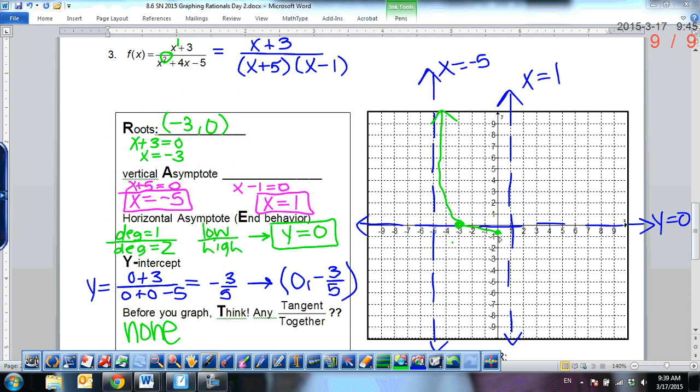And what about from my y-intercept? What would I create if I go up? What would I cross that I'm not supposed to? The x-axis, which I can't do, right? I can't create an x-intercept. I also can't cross a horizontal asymptote just because I want to. I need to, right? So from your y-intercept, which way are you going to have to go? Down.